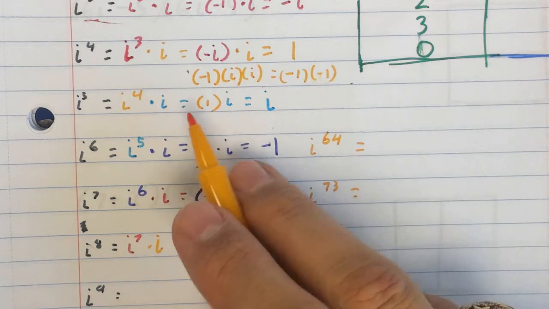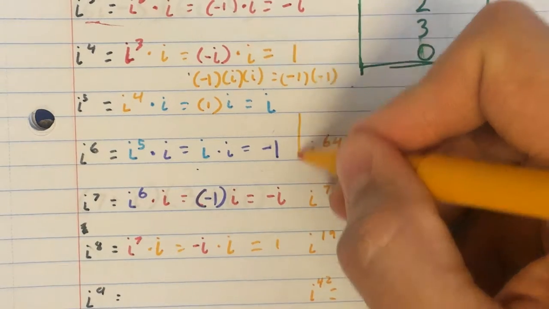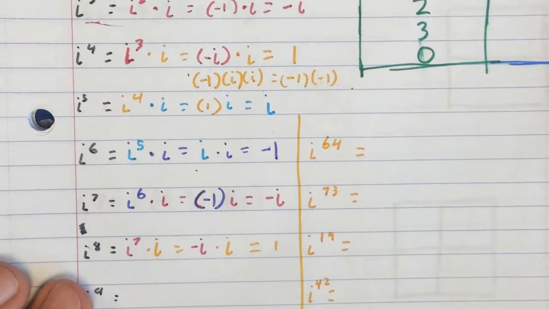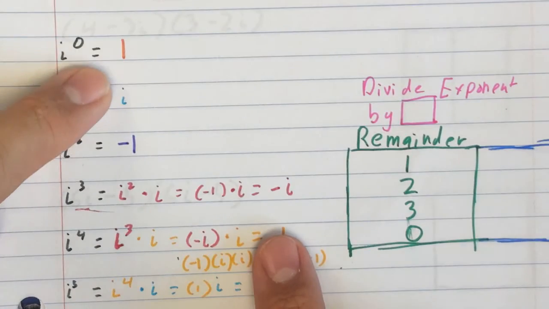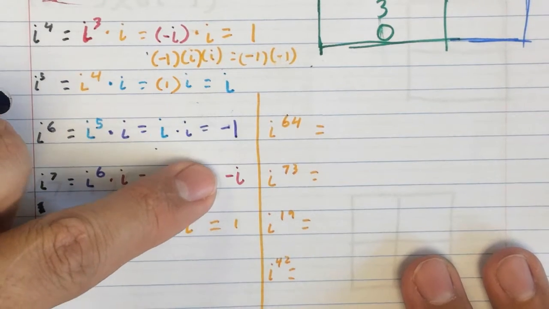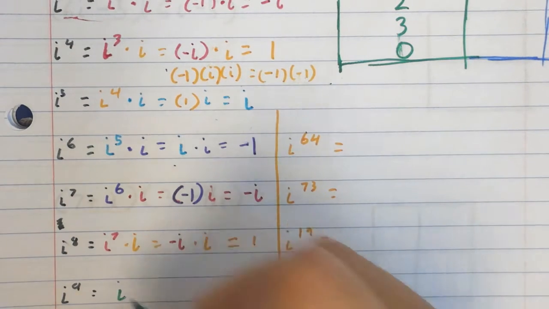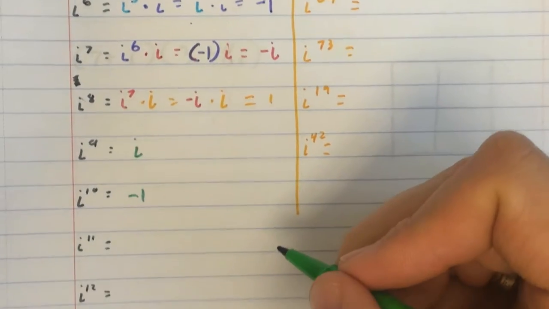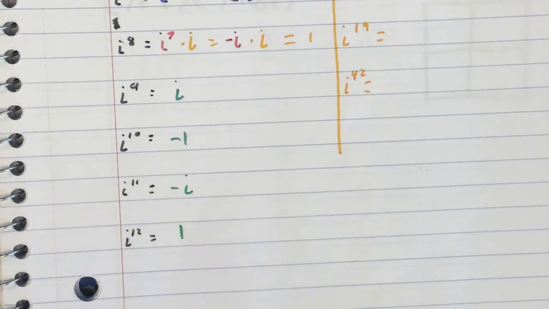Factor out the -1, and I times I is -1 by definition. Separate that. So let's look at that pattern. We'll stop there and just examine the pattern. 1, I, -1, -I. 1, I, -1, -I. 1, and what do you think the next ones are going to be? We have 1, I, -1, -I, 1. You are simply going to repeat those patterns as you go.